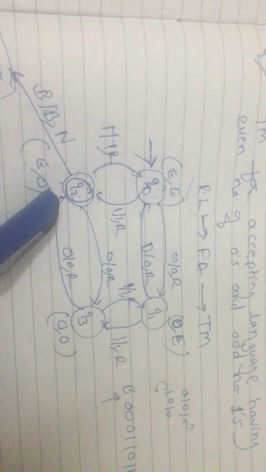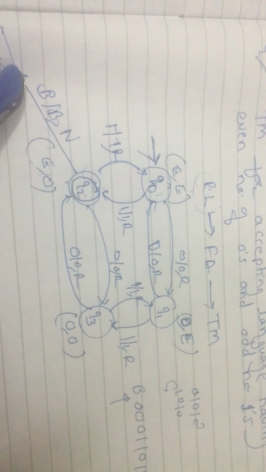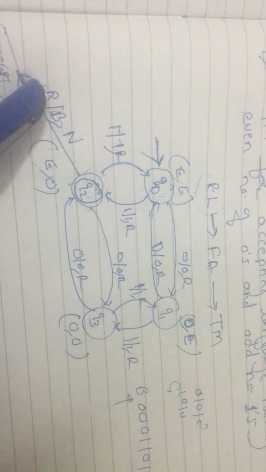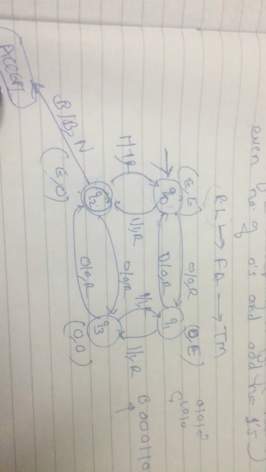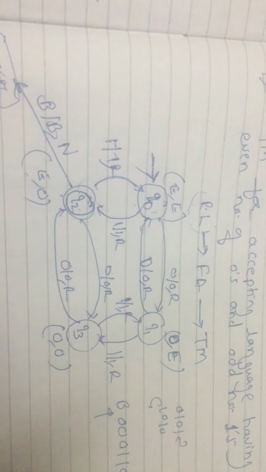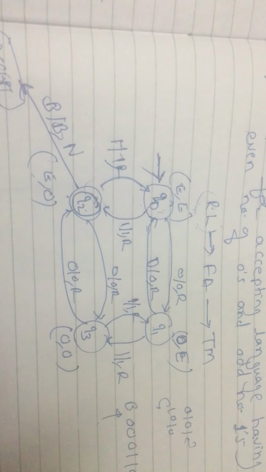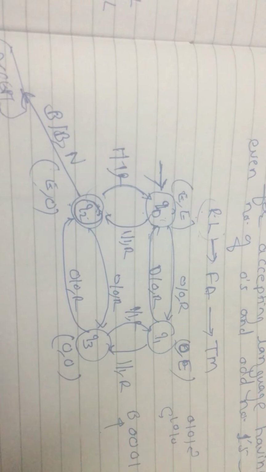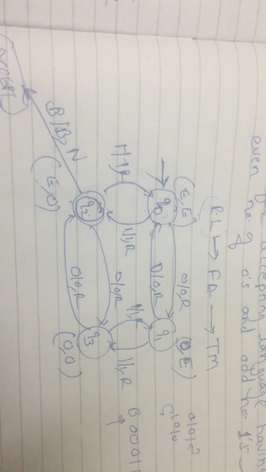Then whichever is the final state, take the outgoing transition from it, replace by blank, stop the procedure and accept the string. This way we can construct the transition diagram of a Turing machine for accepting the language having an even number of zeros and an odd number of ones.